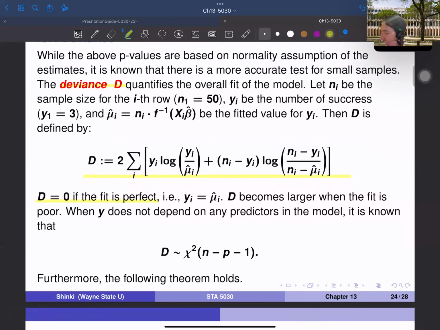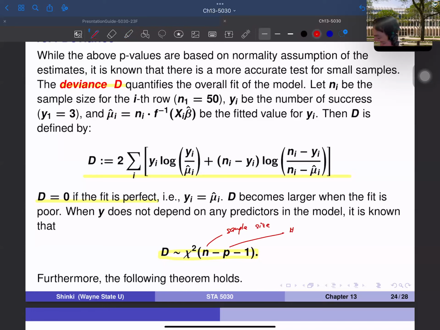This quantity D actually follows the chi-square distribution with degrees of freedom n minus p minus 1. Here, n is the sample size, and p is the number of predictors, or number of parameters, I would say.